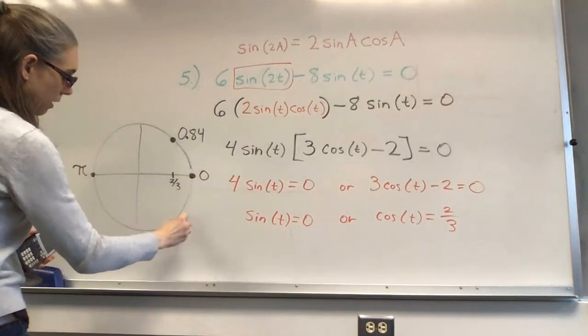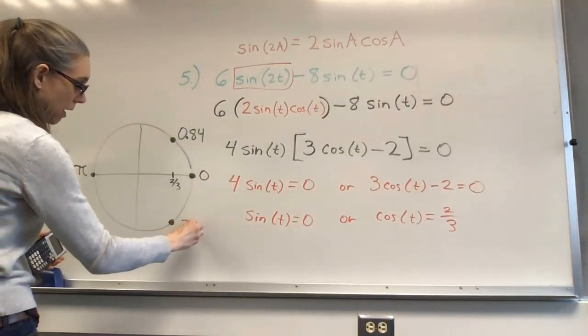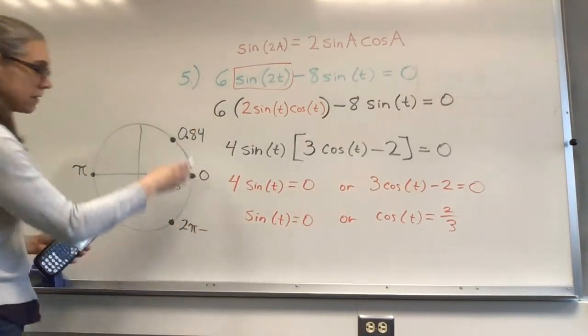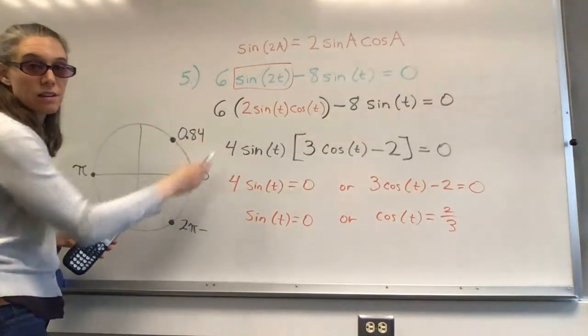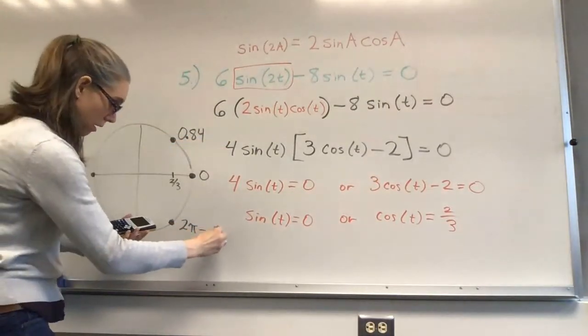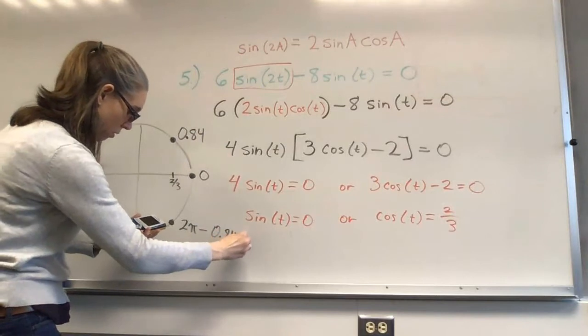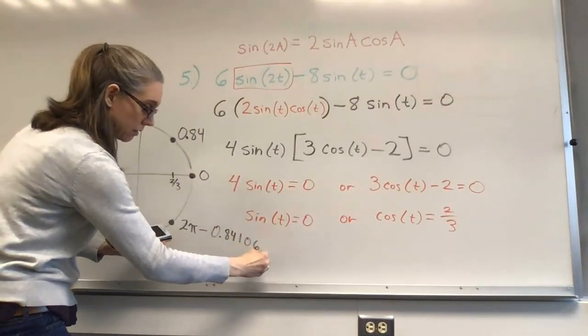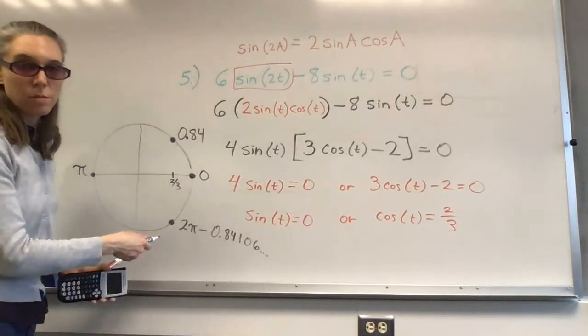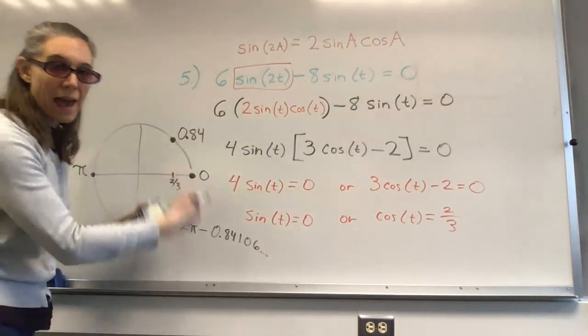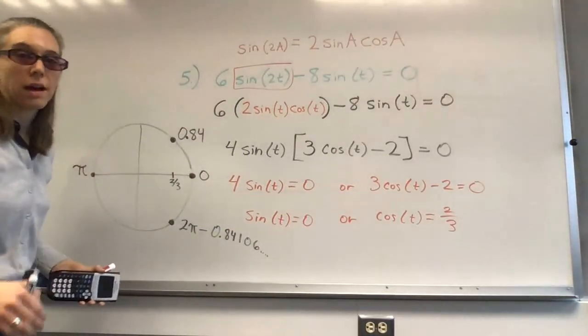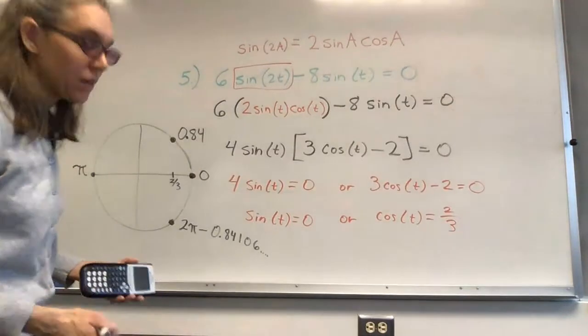Now this value right here is going to be 2 pi minus, and you want to use the extended decimal in this case, 0.84106... Use the extended one because you want to round after subtracting the value from 2 pi, since 2 pi is not a rounded answer.